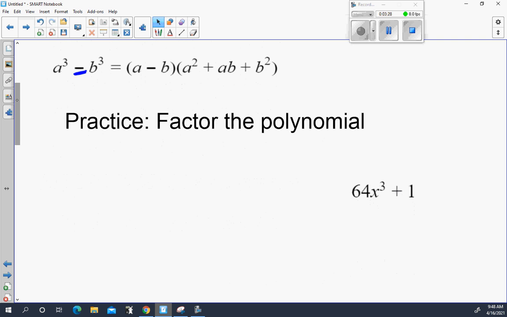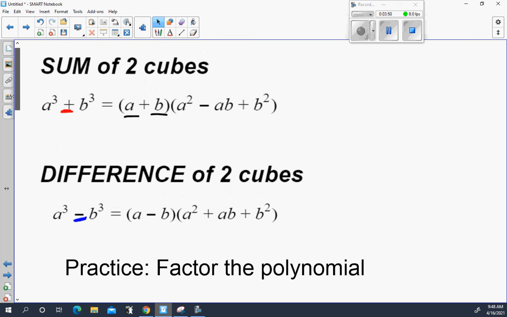Back to the polynomial. So, we have 64x cubed plus 1 cubed. Everything in this is a perfect cube, right? We can take the cubed root of everything there. So we can use one of our formulas up top.